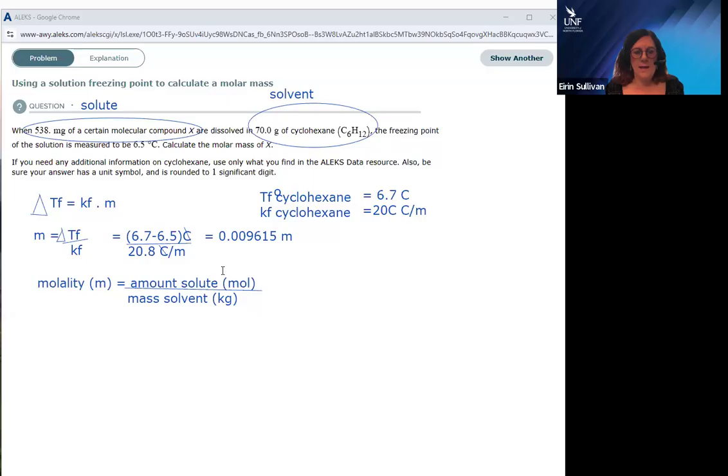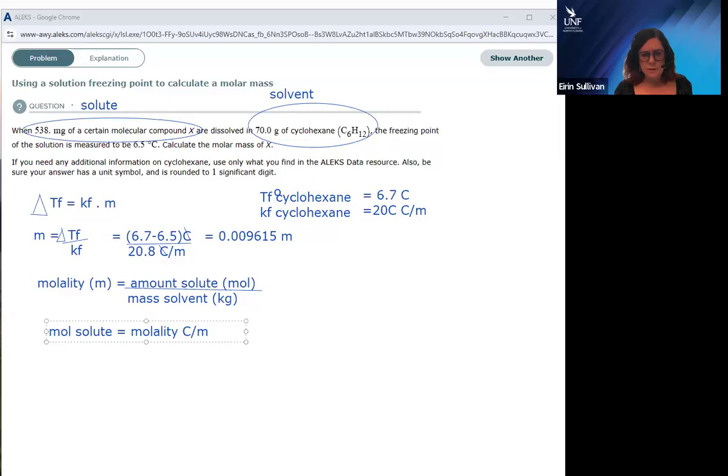Okay, so we have the molality of our solution. We're going to rearrange and solve for our amount of moles of solute. However, we have to be careful because we've got the mass of our solvent in kilograms. So our moles of solute is going to be our molality. I will go ahead and write out the molality in degrees Celsius per molality.